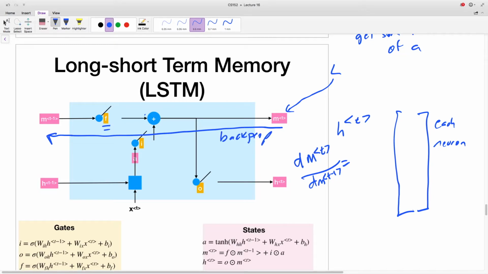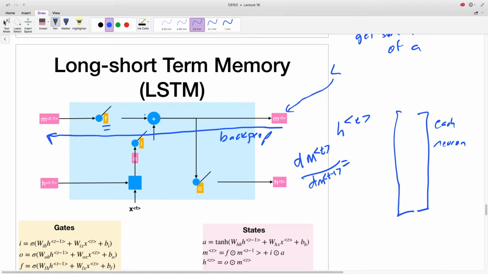F. That's it. If f is 1, what happens to the gradient as we go from mt to mt minus 1? It's unchanged. And we can just keep it unchanged. So as long as the neural network is setting f to 1, it could pass back the gradient as many time steps as it wants. And as long as we have one path where we don't have vanishing gradient, we don't have vanishing gradient. That's why this works.